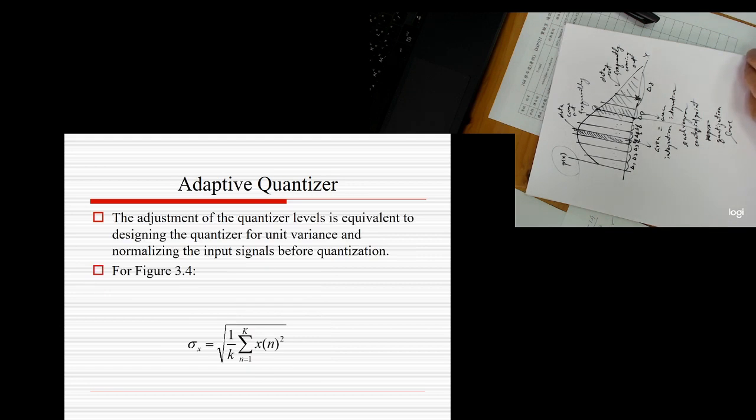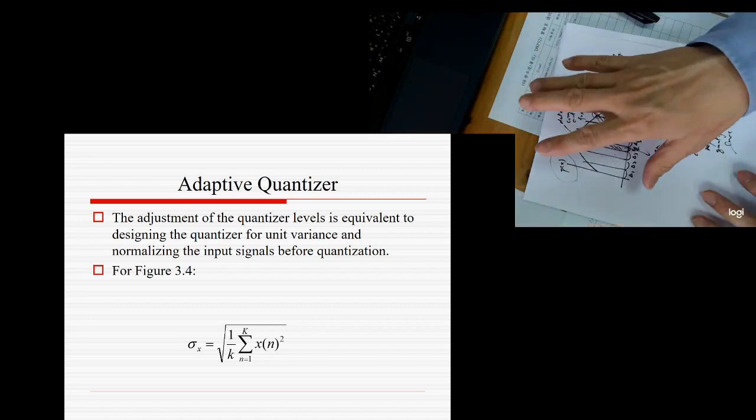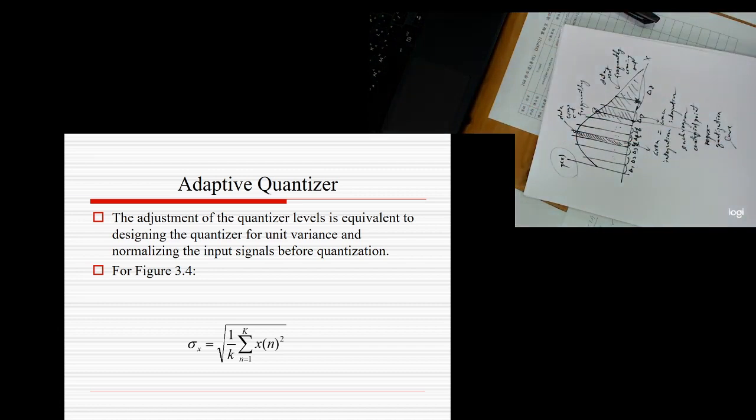Okay. Another one, because we do not know your probability density function in advance, we can consider another way we call the adaptive quantizer.